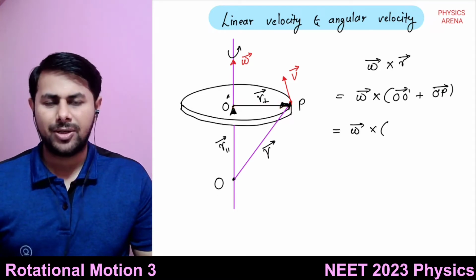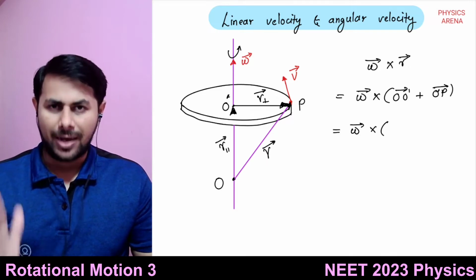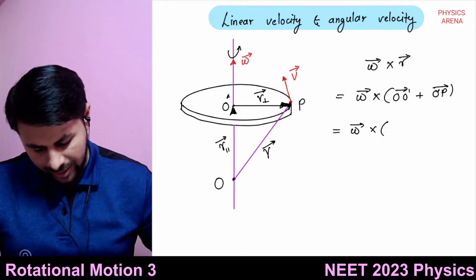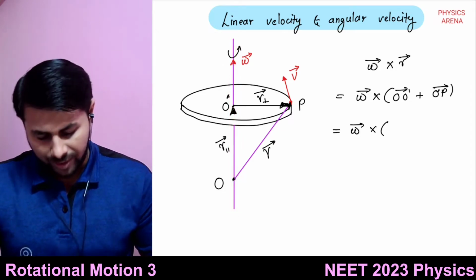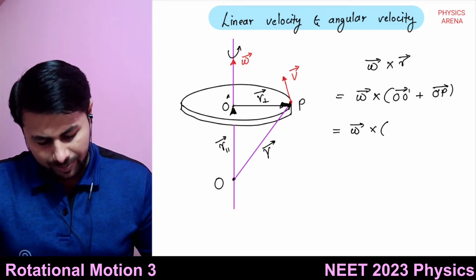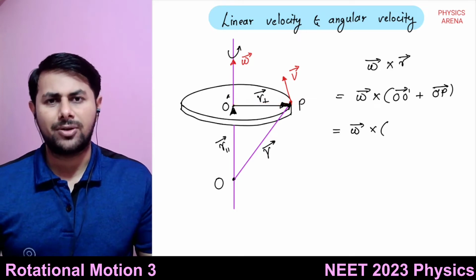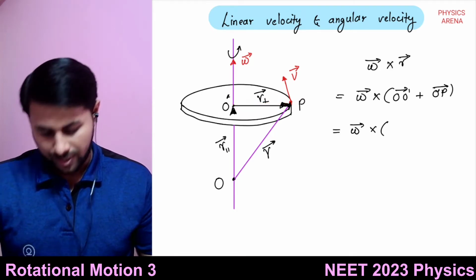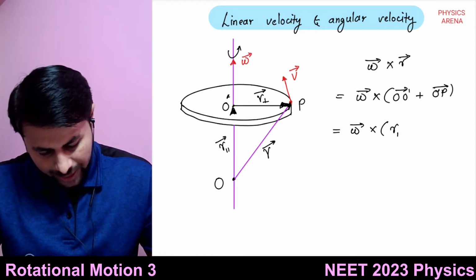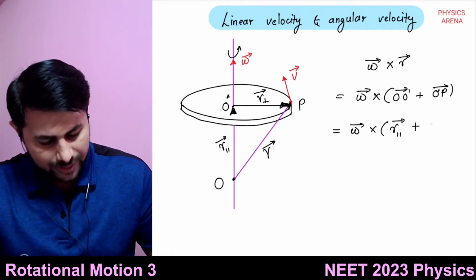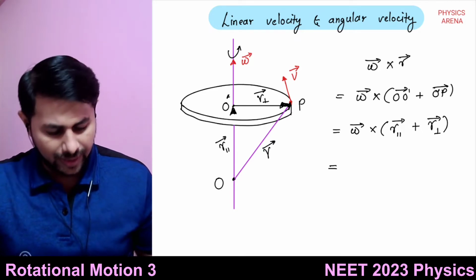What is parallel and perpendicular? R parallel is a vector which is parallel to this axis, or parallel to omega bar, and R perpendicular is a vector which is perpendicular to the axis. So this is R parallel plus R perpendicular bar, right?